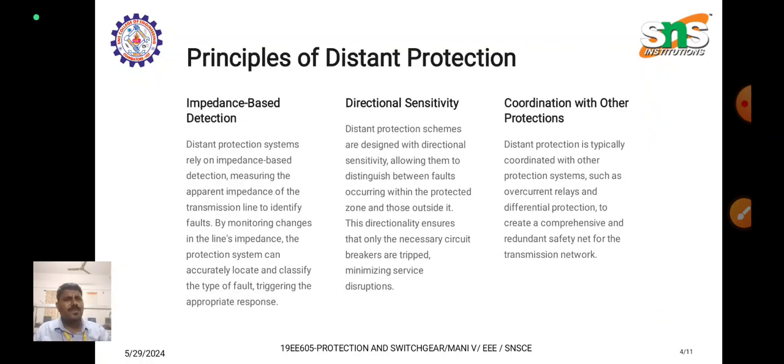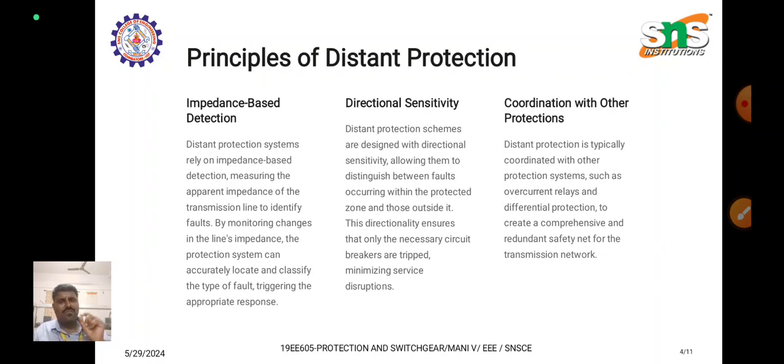And the principles behind the distance protection: it is based on the impedance value, based on the directional sensitivity, and based on the coordination with other protection. So these are the principles. The first one is impedance protection.